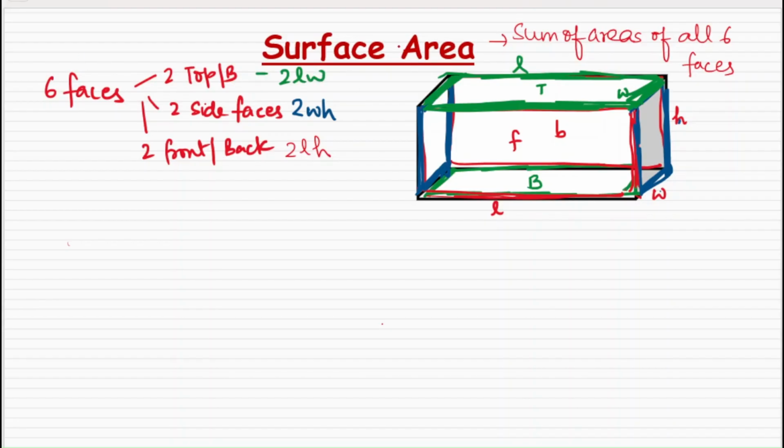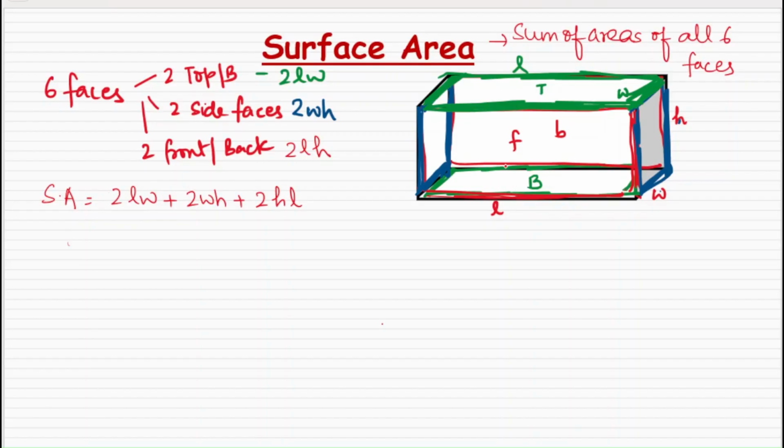Now, when I'm saying surface area is the sum of the areas of all these six faces, it means I will add all this. So eventually the surface area of the rectangular prism comes out to be 2 times length times width plus 2 times width times height plus 2 times height times length. Why am I multiplying by 2? Because the front and back, side faces, and top and bottom are congruent, exactly the same faces.